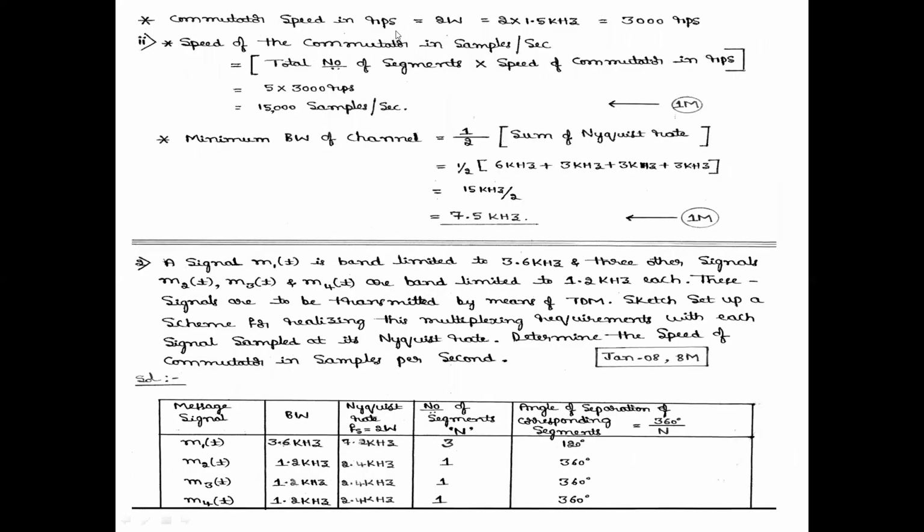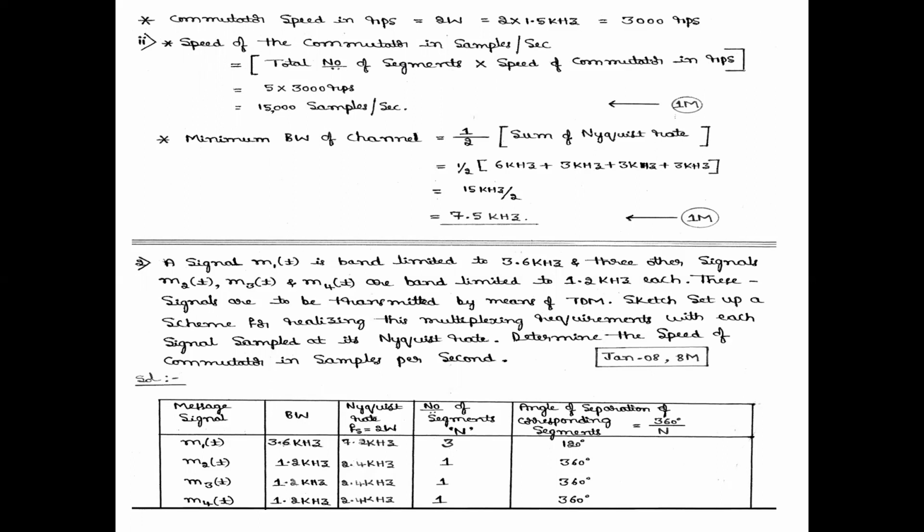The commutator speed in RPS is equal to the lowest frequency signal's rate, 2 into 1.5 kHz, which is 3000 RPS. The speed of the commutator in samples per second is the total number of segments times the commutator speed in RPS, 5 into 3000, which is 15,000 samples per second collected using one commutator.